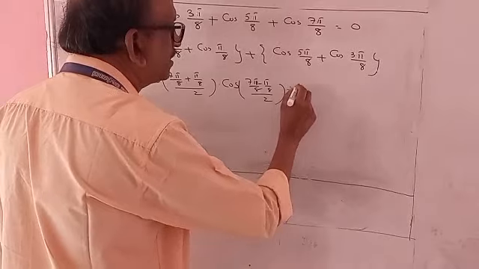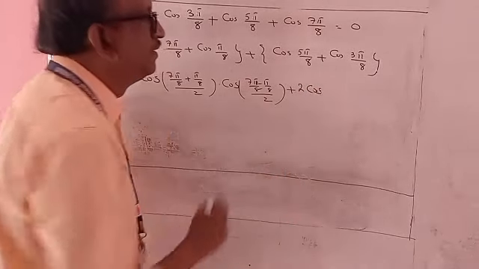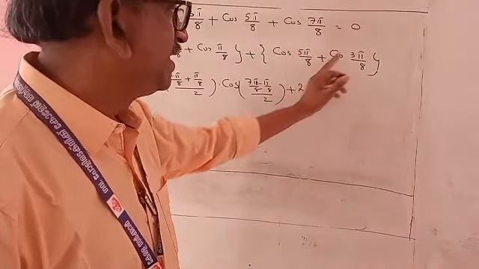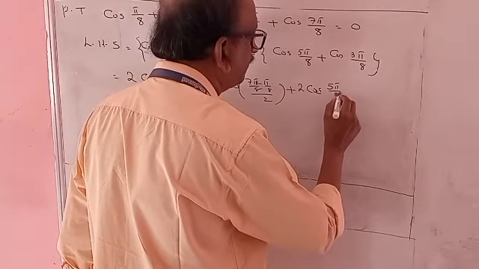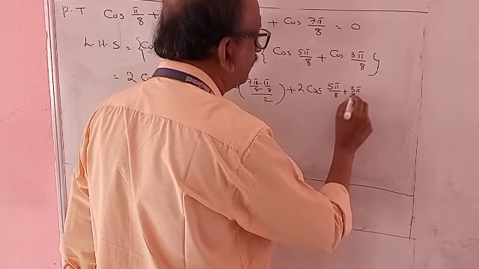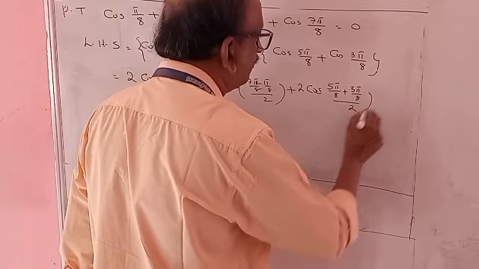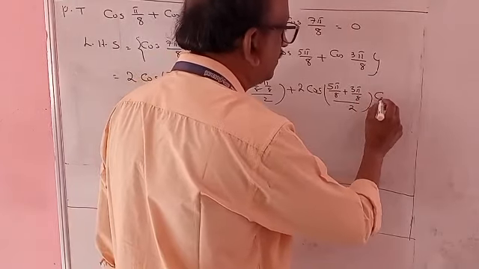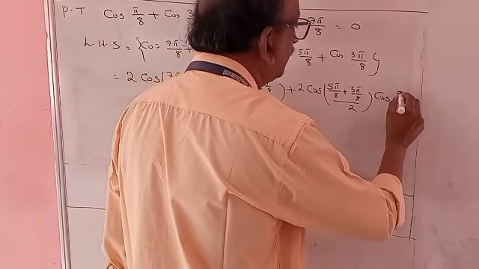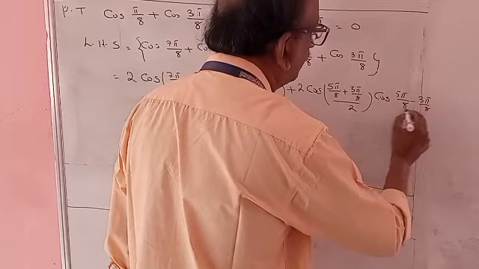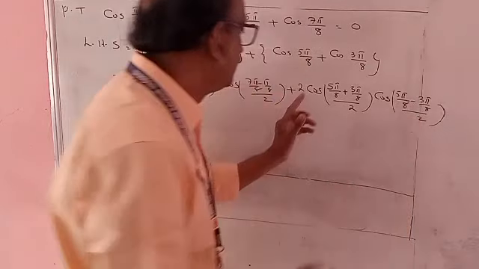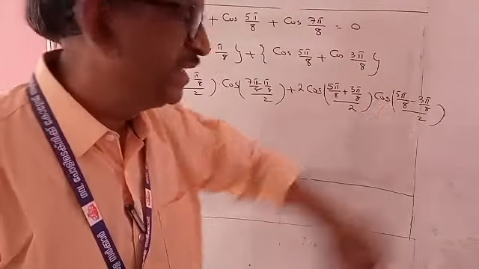Plus 2 cos (c plus d) by 2, 5 pi by 8 plus 3 pi by 8, into cos (c minus d) by 2.